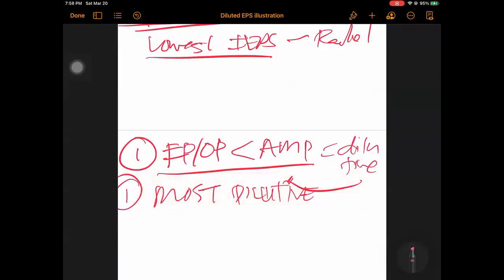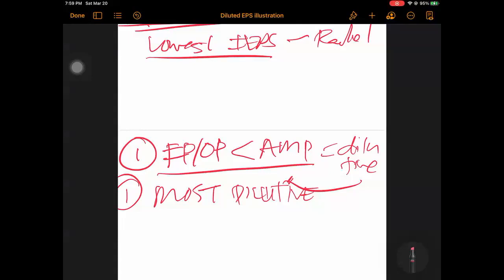Why? Because the option and warrants are the most dilutive because option and warrants have no impact on net income. Di ba? Wala tay bag-uhon sa atong net income, because purely iyang effect dito lang sa atong outstanding shares.